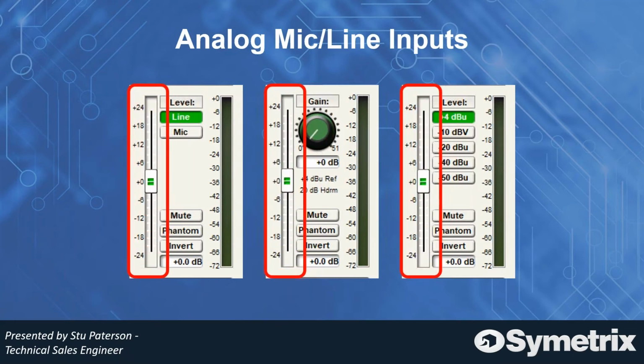Now, I mentioned that this fader is the initial gain stage, and we'll get to how it relates to metering later. As I've stated earlier, all three have digital trim.